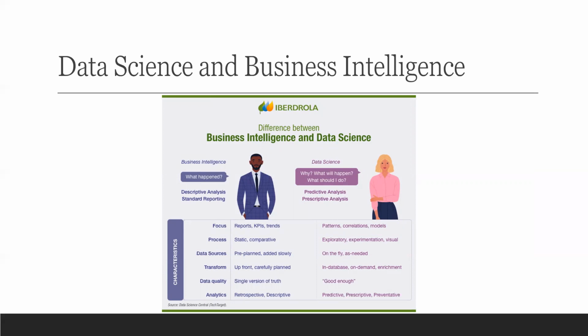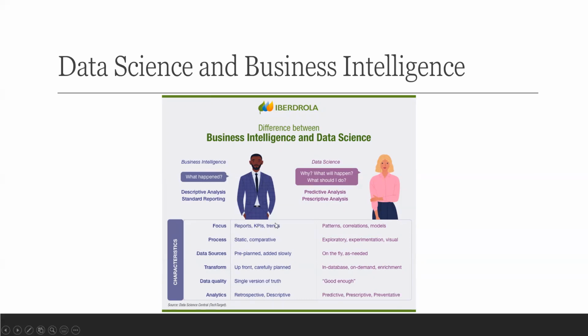So again, I told you that business intelligence is what happened. You are looking at descriptive analytics: what happened, what is happening now, right? But data science is what will happen. That is the big difference, because business intelligence is looking at the facts, what already happened. The data is static.